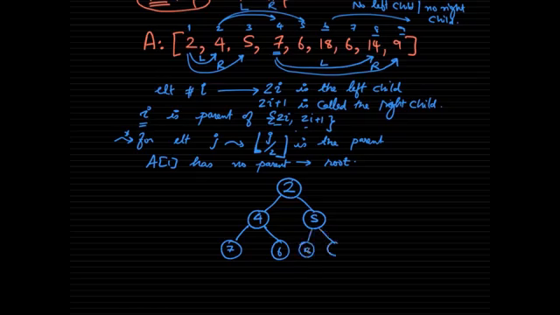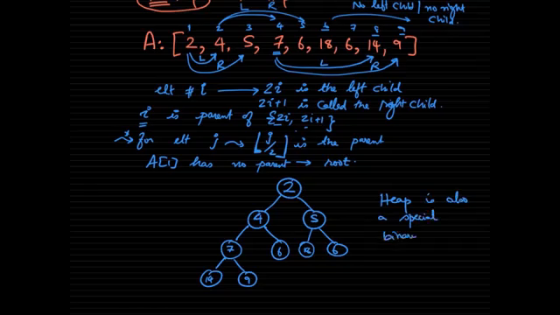You see, you're just writing out the elements of the array in this order. 7's left child is going to be a 14 and a 9.